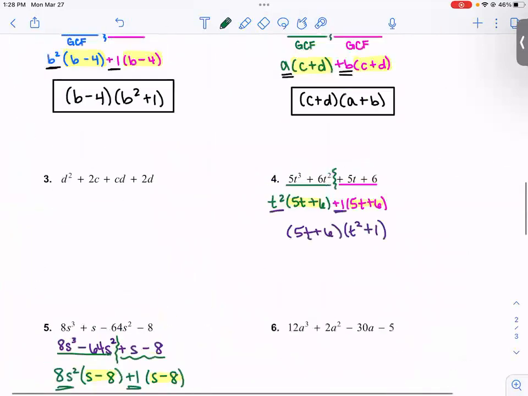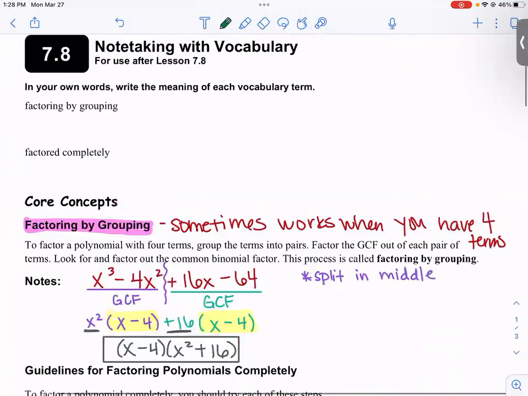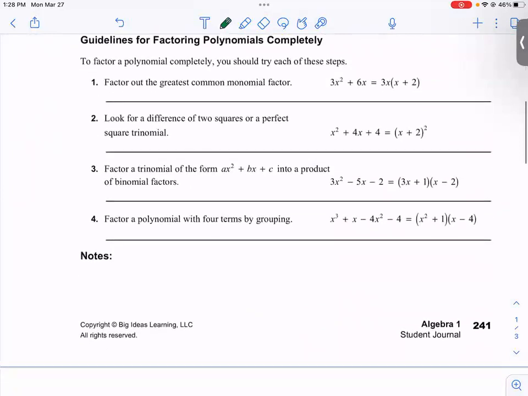Okay, now I want you to go ahead and turn back to that first page we were on, this one right here. We have now learned all of the methods that we need to know in order to factor in Algebra 1. So we're gonna start throwing all of them together at the same time.